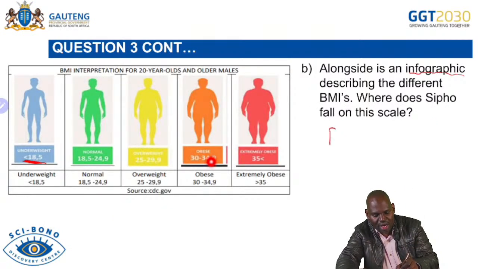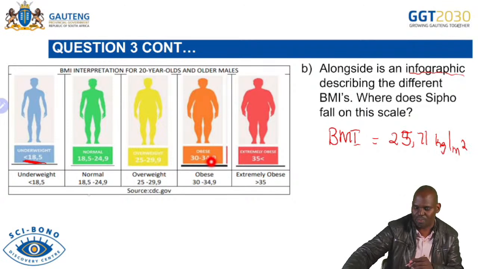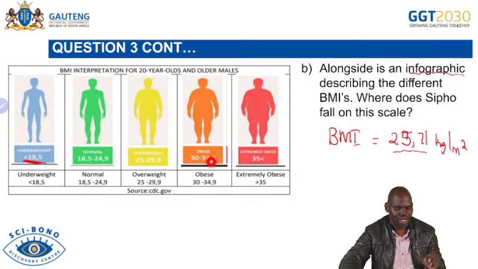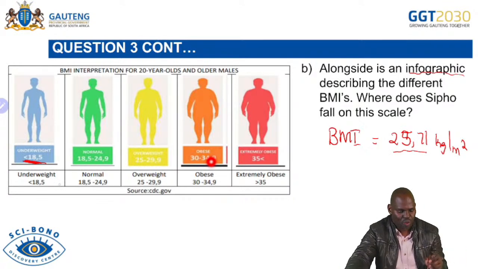The BMI we calculated in the previous question is 25.71 kilograms per square meter. I think even just one decimal place would be fine. We need at least one decimal place so that we can tell. 25.71 obviously is not less than 18.5.